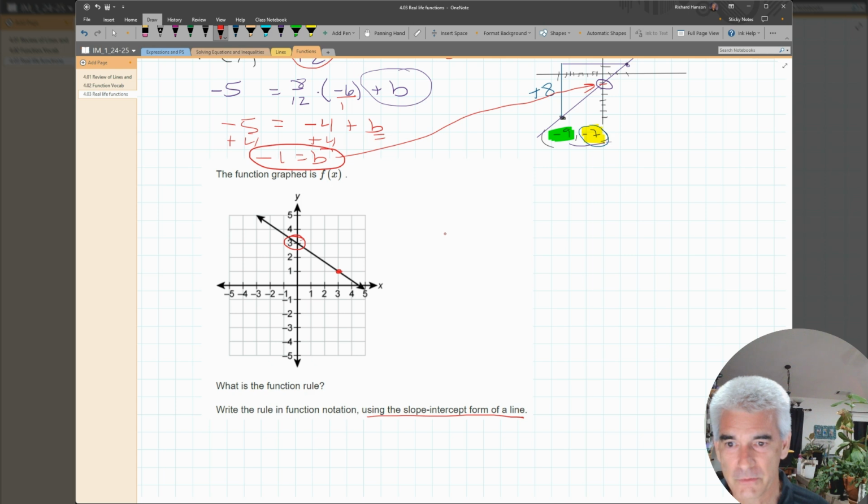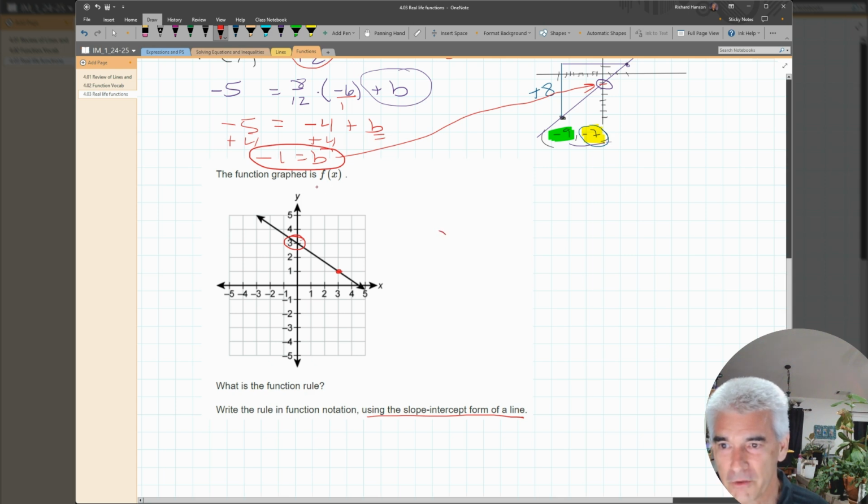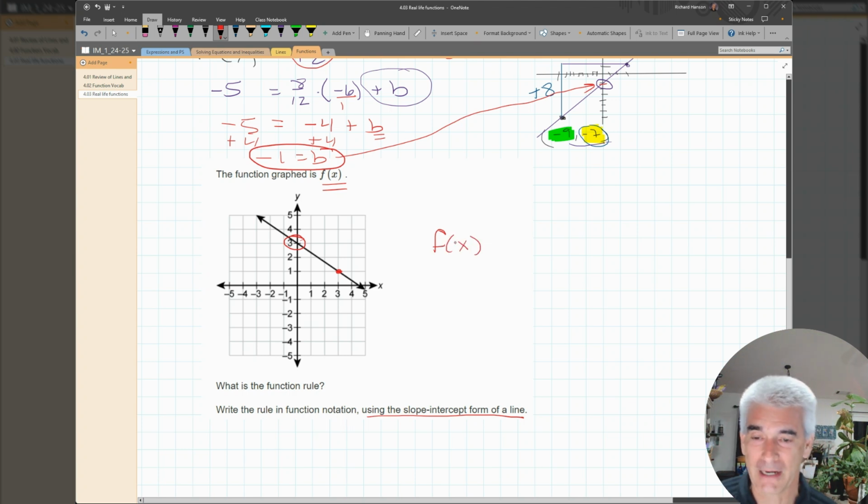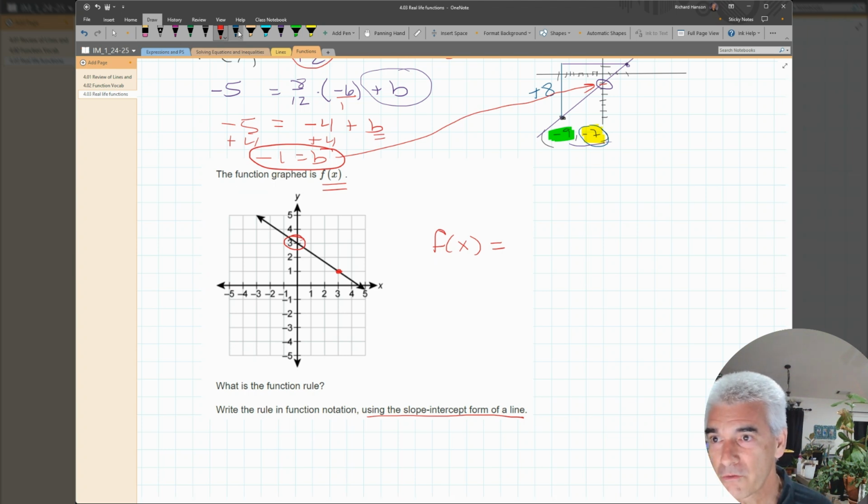Okay, so here's what I know. They're telling us this is f of x, so I'm going to use f of x. I wonder if in K12 you tried to type m of x, if it would mark it wrong. Equals, let's see, what's my slope? I'm going to start on the left-hand side, the left point.